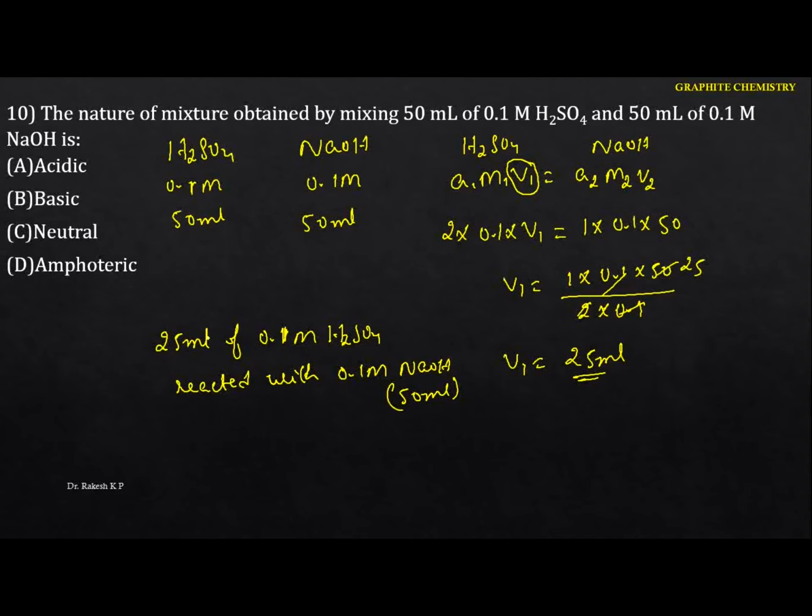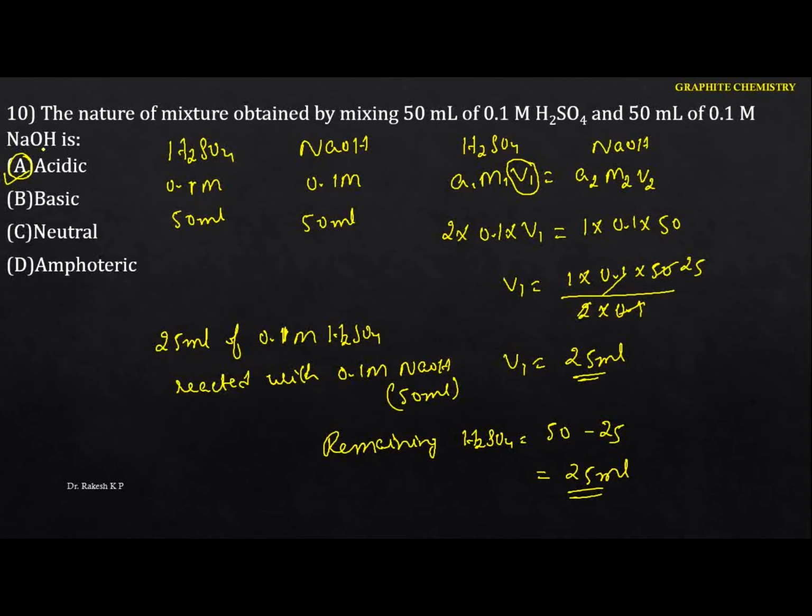But still in the reaction mixture you have the remaining 25 ml. Out of 50 ml of sulfuric acid, 25 ml reacted, and the remaining is 25 ml. That means there is acid present in the reaction mixture, so the solution becomes acidic, and the option is A.